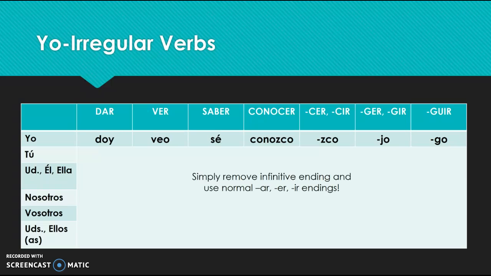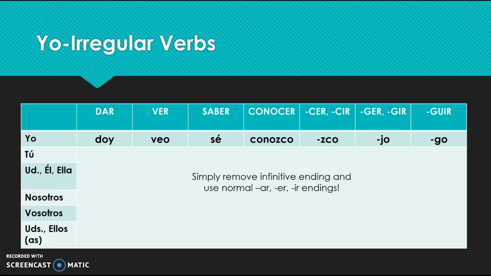With hacer and hace, if I just change it to an O, I go from hace to hago, so we need to keep the sound. Gir doesn't have a G-U-O spelling, so in the yo form, we actually take away the U, and we just go straight to go. But everywhere else, these verbs are 100% normal.